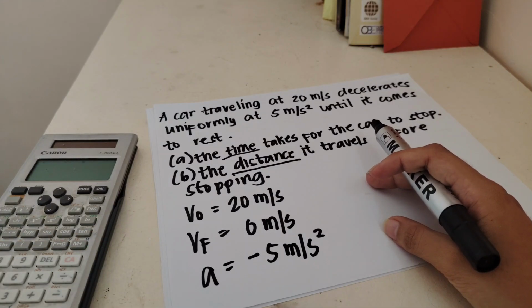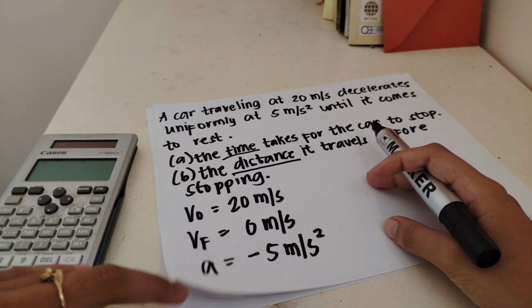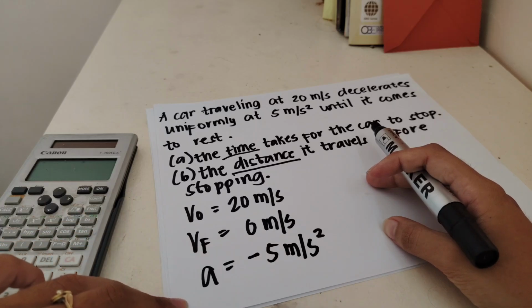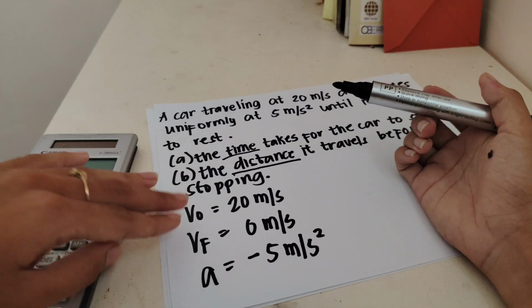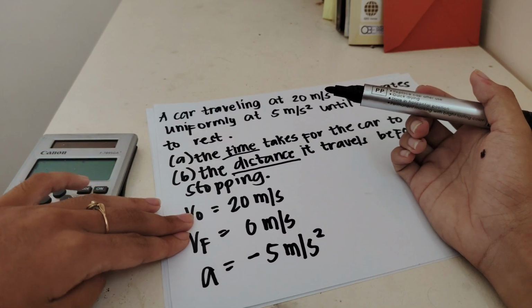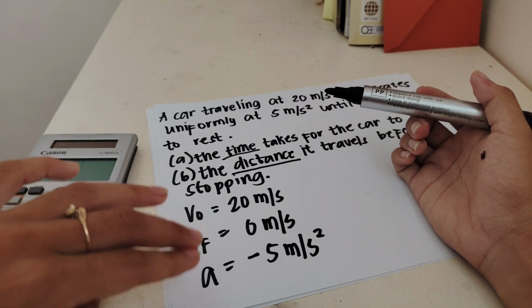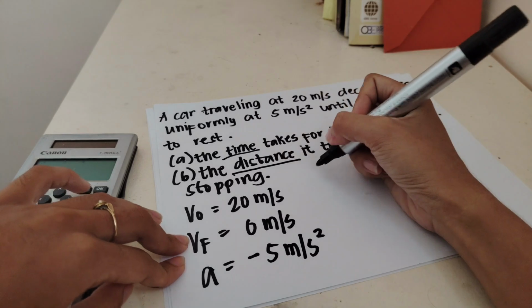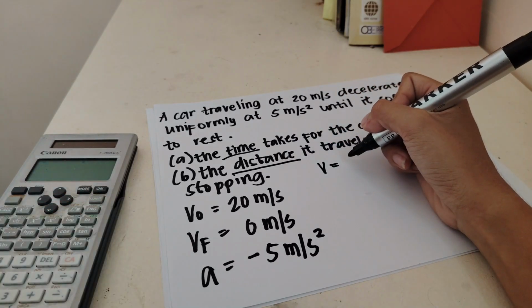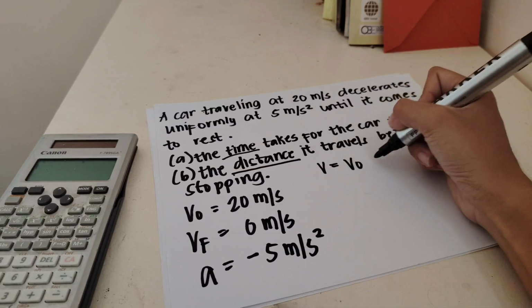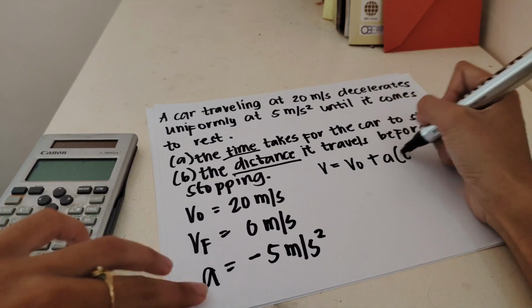So using the equation of motion again, we will get the time. So we have here given initial velocity, and we have also the final velocity and acceleration. So we can use the equation velocity is equal to initial velocity plus acceleration times time.